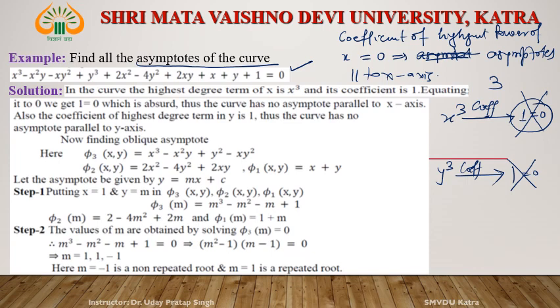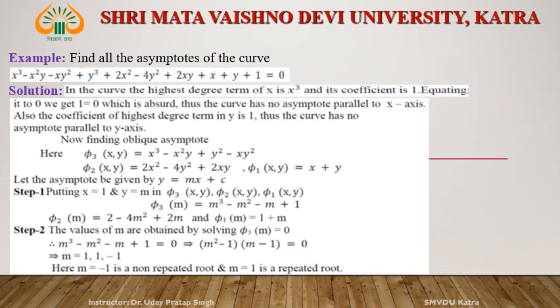Then, if this curve possesses no rectangular asymptotes, then what happens? We have to find oblique asymptotes. Now let us see for oblique asymptotes. For oblique asymptotes, collect all the third degree terms, right?